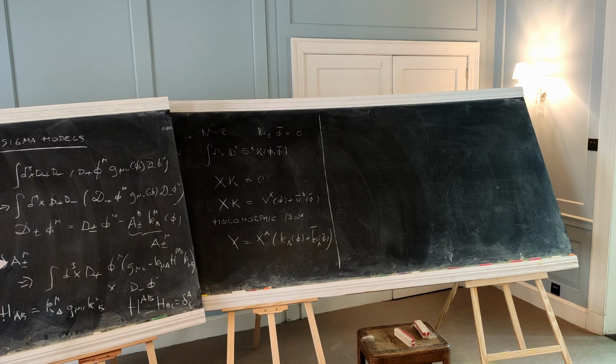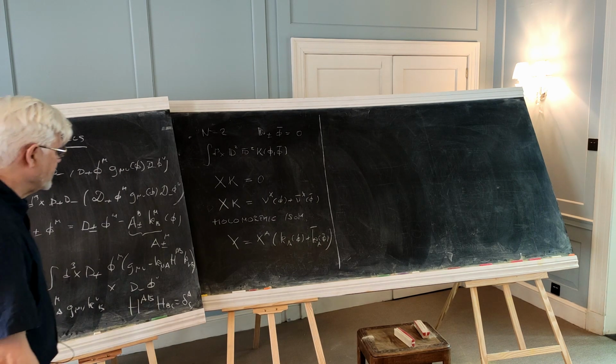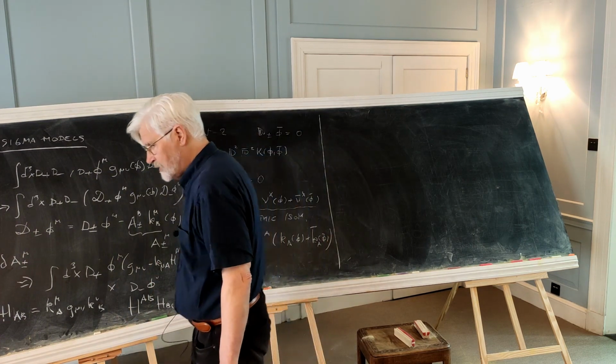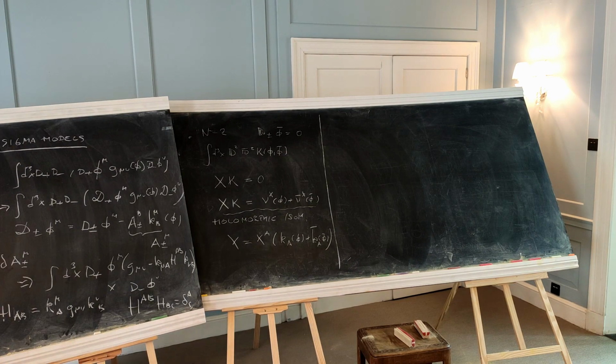What I should say is that this possibility for the (2,2) means that the gauging of isometries for the Kähler case, which is this one, gets more complicated. What I'll try to do now is to indicate what the complications are and how they're resolved.